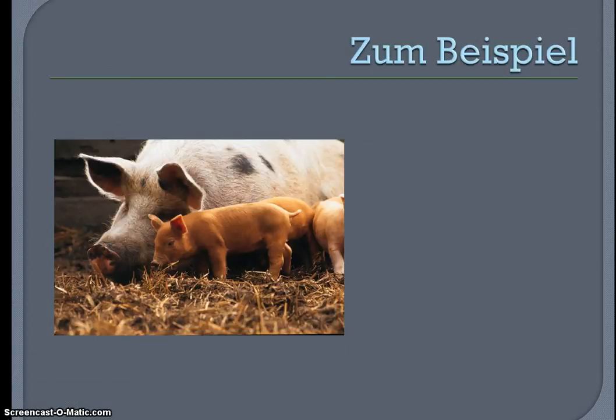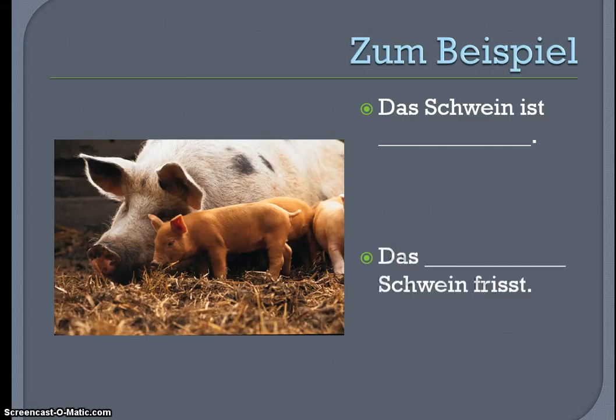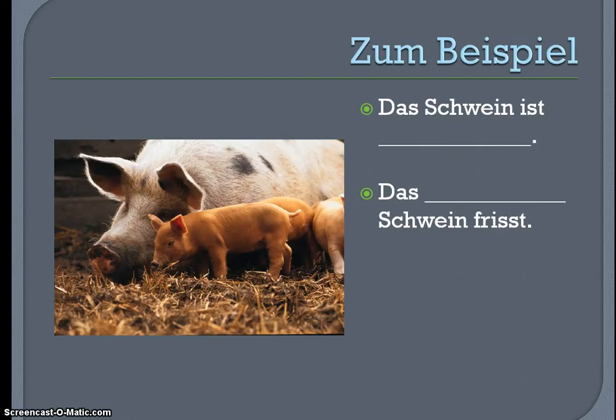Let's look at this example together. We have the sentence, das Schwein ist. The pig is. I'm going to choose an adjective from my list and say, das Schwein ist fett. Now I want to say the fat pig is eating.